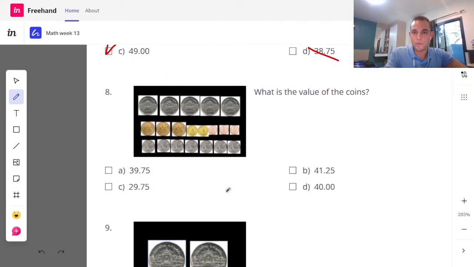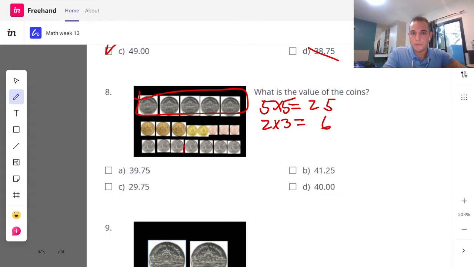Let's take a look at the value of these coins. 5, so let's do this quicker. 5 times 5 equals 25. Okay, then we have 2 times 3 equals 6. 1 times 7 equals 7. And then we have 100 satang, 150 satang, 175 satang.